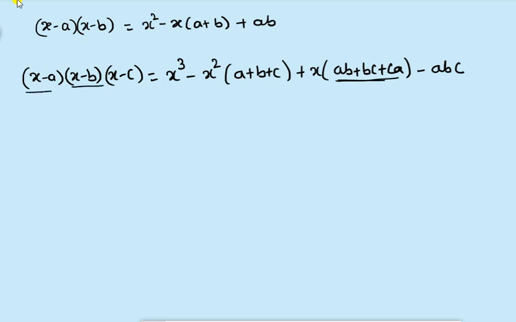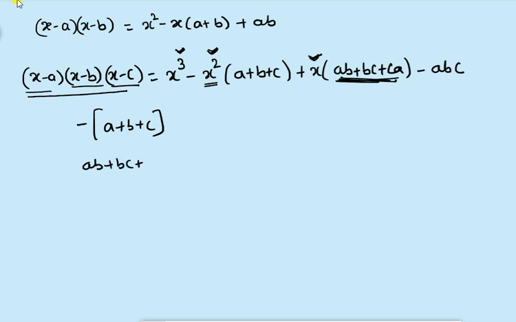Observe here, three brackets are there. No doubt the highest power of x is equal to 3. The next highest power of x is 2. To get its coefficient, we have to add a plus b plus c. Next, the next highest power is 1. To get its coefficient, sum of the product of the terms taken two at a time, that means ab plus bc plus ca value.